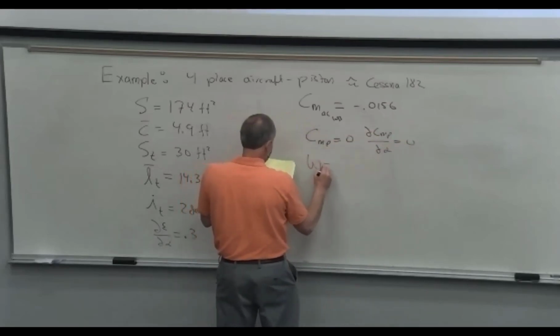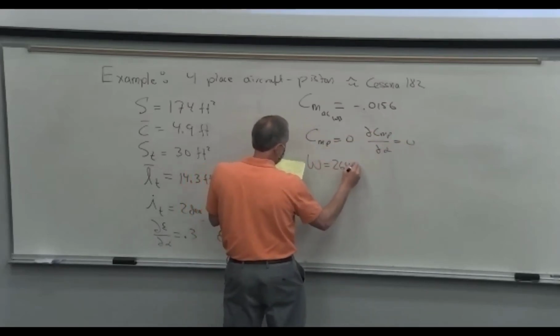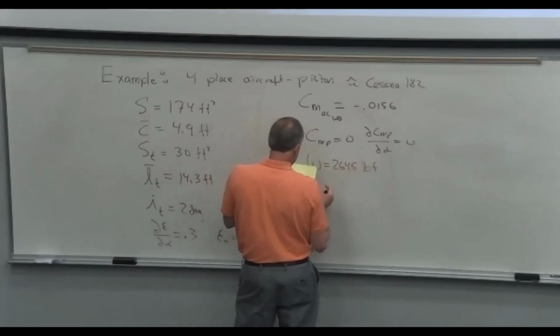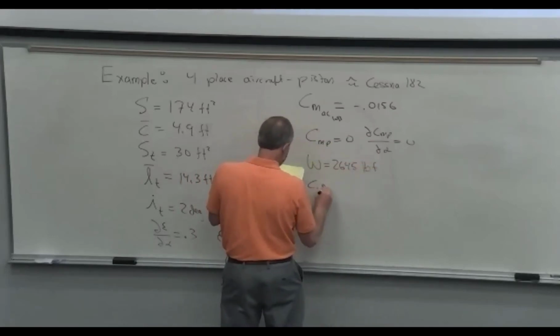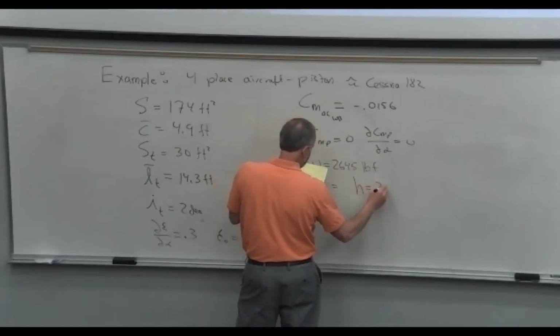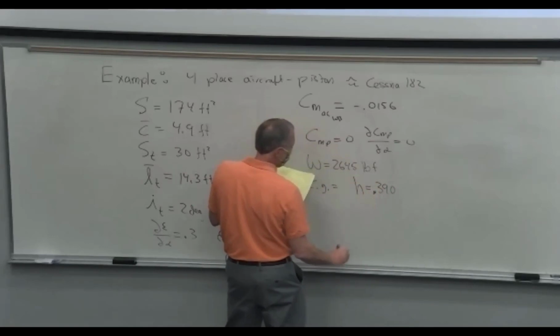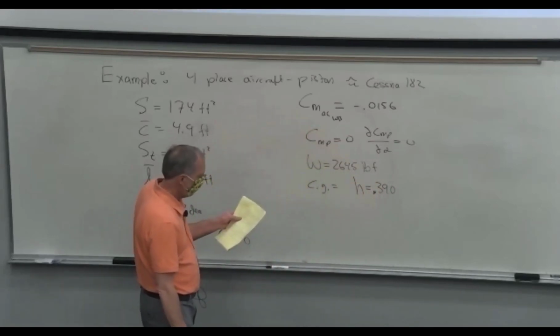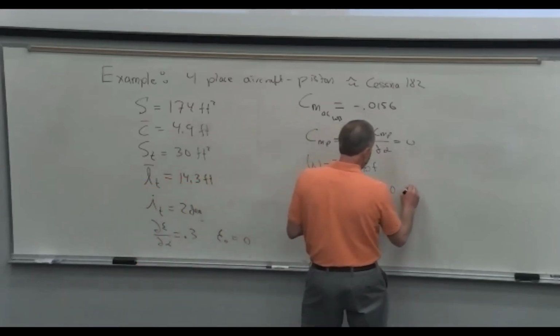The weight of the airplane is 2,645 pound force. The CG is at 0.390 times C bar, so H is 0.390. And we know where the datum is.